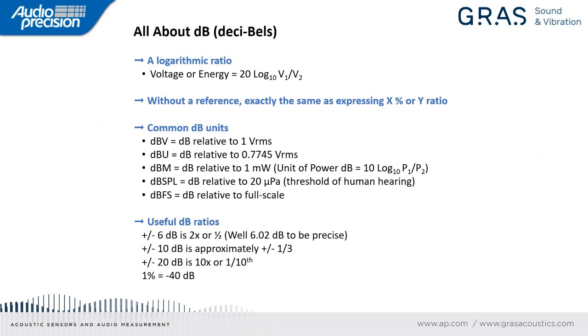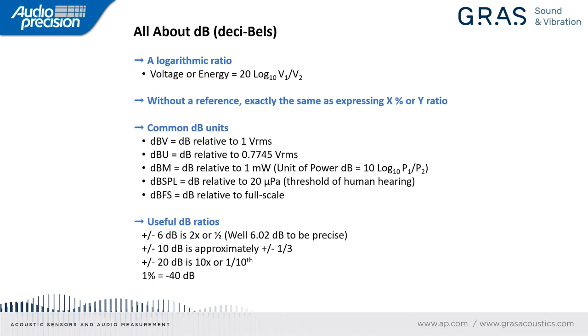That is to say, if somebody were to say, oh, my result is 90 dB, by itself, that would be as if they said, oh, my result is 42%. Well, 42% of what? So some very common dB units that you'll see, especially in audio, are dB volts or dBV. This is dB relative to 1 volt RMS. So 0 dBV is 1 volt RMS.